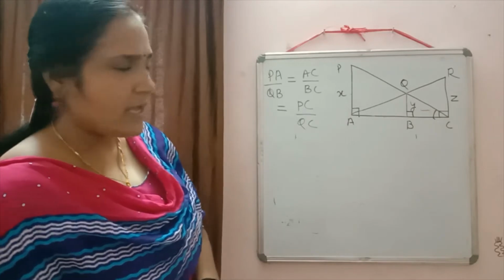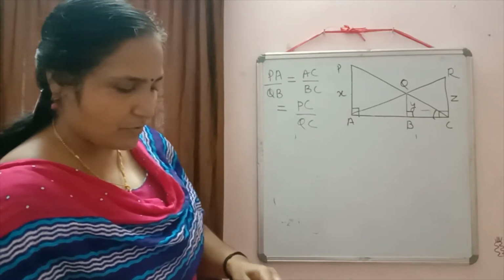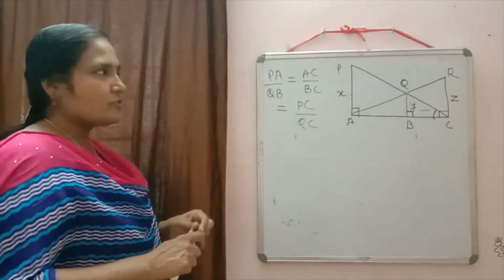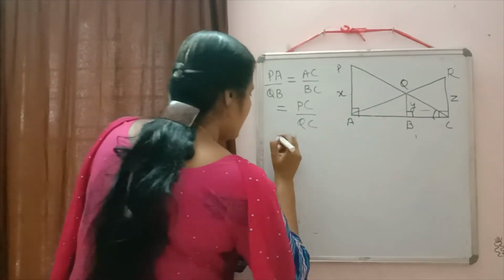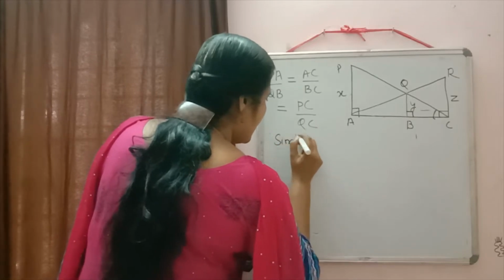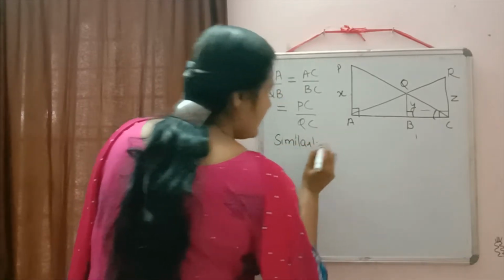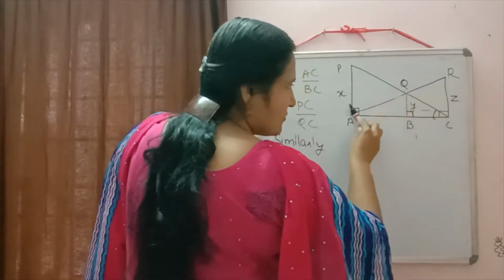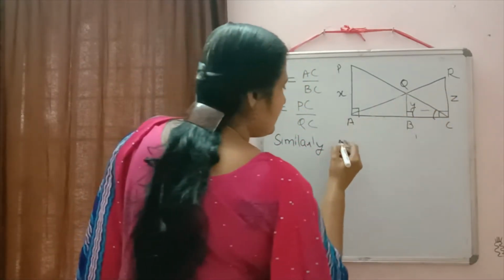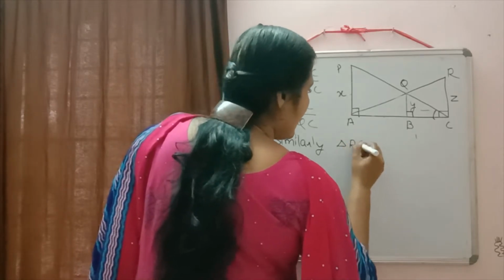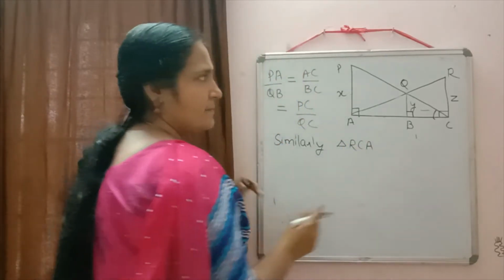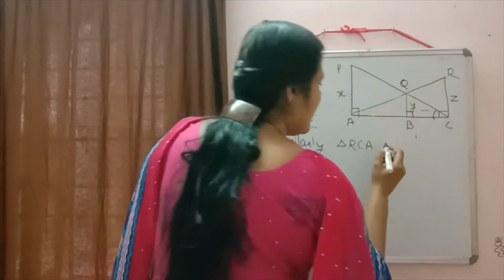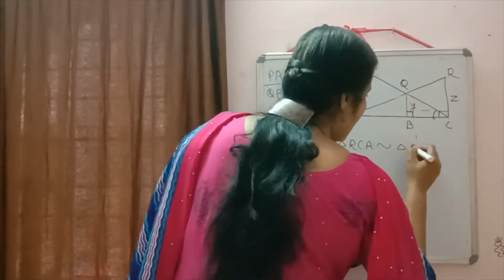In the same way, is there any other triangle which we can prove similar? In this type of question there are already so many steps, so the second one we will write directly. Similarly, in this way we are getting a triangle. Triangle RCA is similar to triangle QBA.